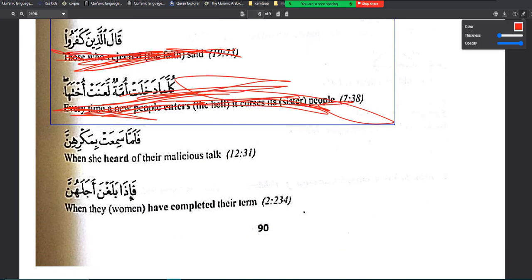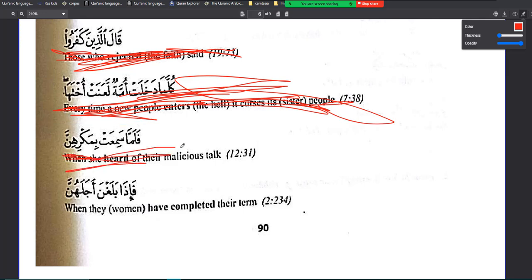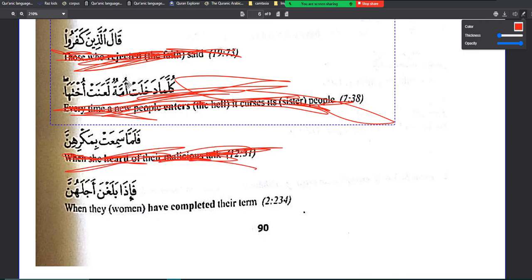No, you tell me dakhalat. What is the pronoun in dakhalat? Tell me the pronouns as well. Very good. La'anat. There are two words in this ayah. La'anat. So is it huwa, huma, or anta? Yeah. Good.